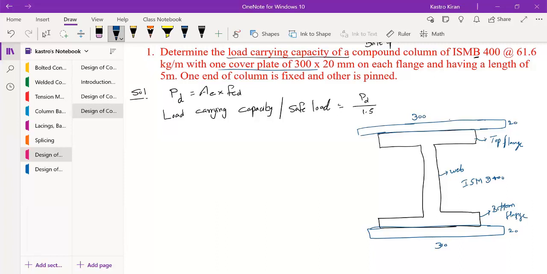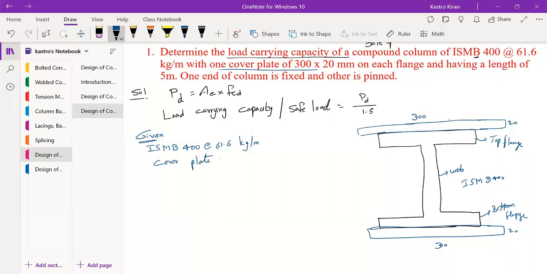So here, as I was telling, we are going to find out the design compressive load, that is the PD value. Before writing that, let's just write the given data. Given: ISMB 400 at the rate 61.6 kilogram per meter. The second thing is cover plate dimensions, 300 by 20 mm.